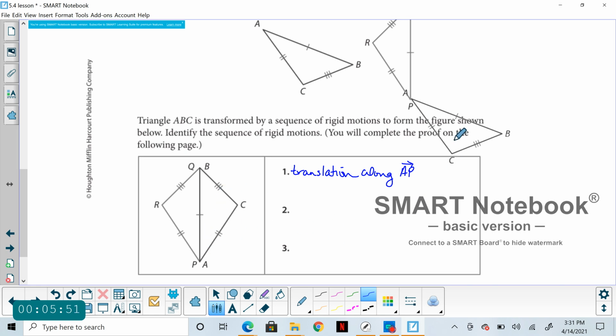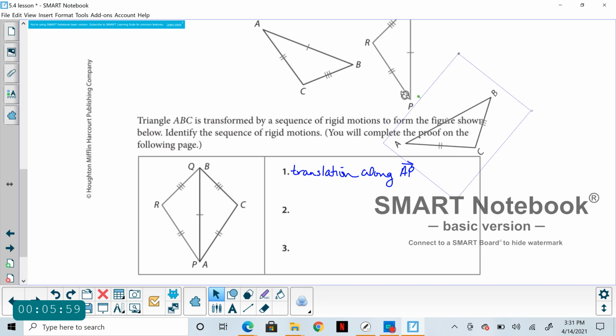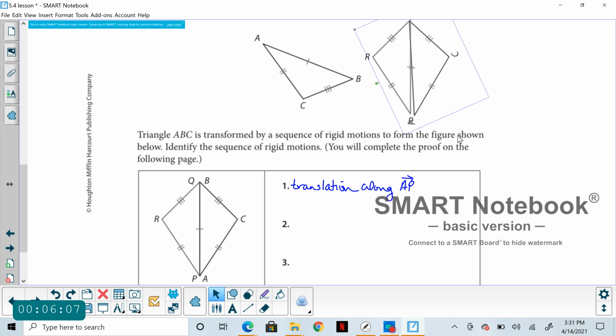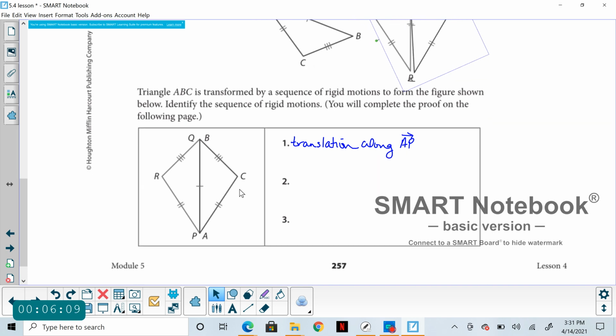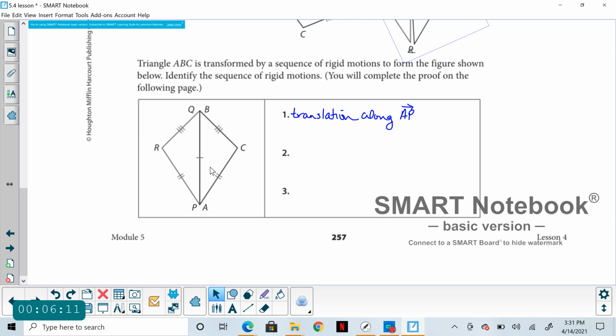So to do that, we're going to rotate. We want to rotate this one around, so sort of like that. Just rotate it around so that it lines up. And if you do it properly, it lines up just like this picture here. So then what sort of transformation is that?